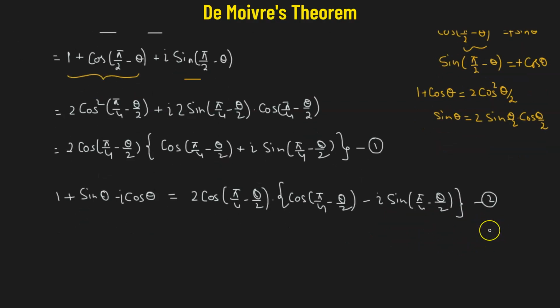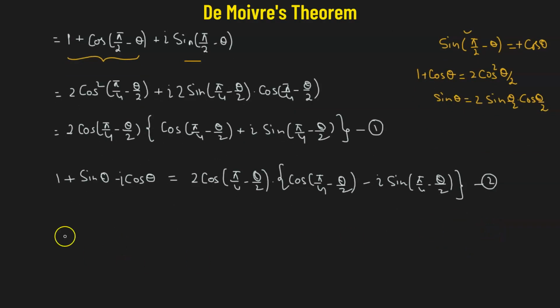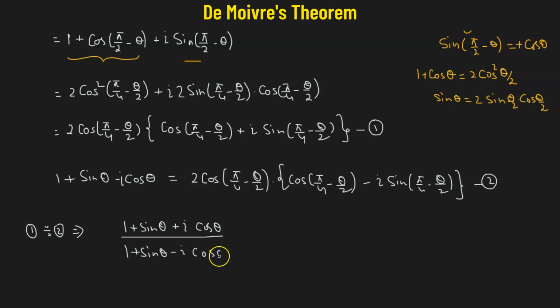Now we'll divide equation 1 by equation 2, so we have 1 plus sine theta plus iota times cosine theta, whole divided by 1 plus sine theta minus iota times cosine theta.